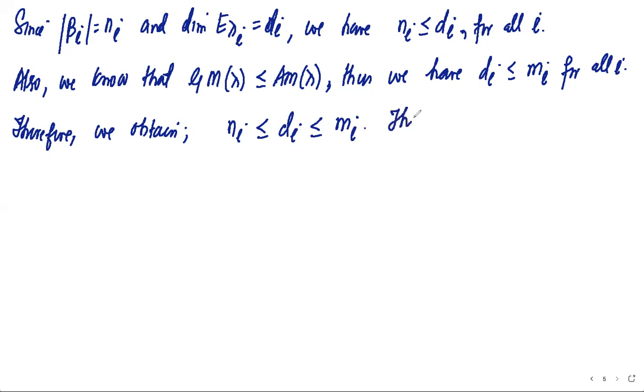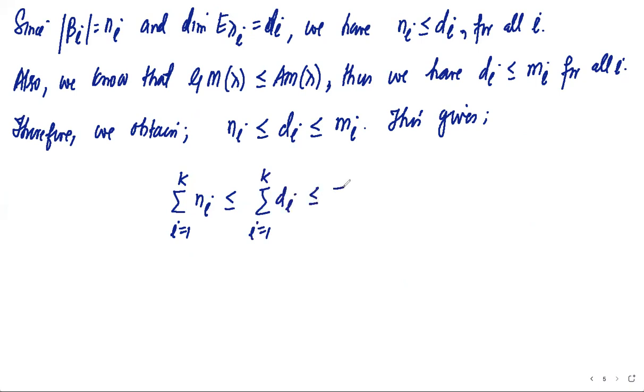Now, taking the summation from i from 1 to k, this gives the summation i running from 1 to k of ni is less or equal to the summation i running from 1 to k of di, and this is itself less or equal to the summation i running from 1 to k of mi.